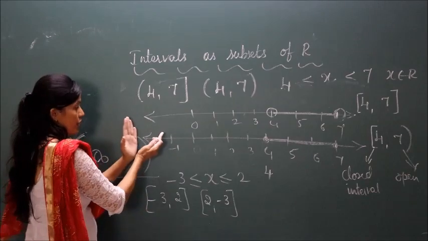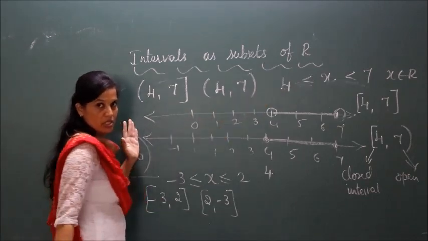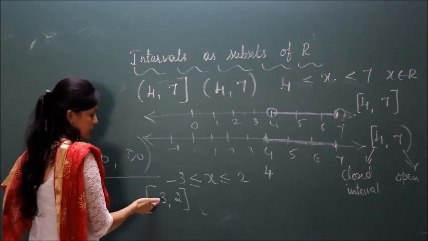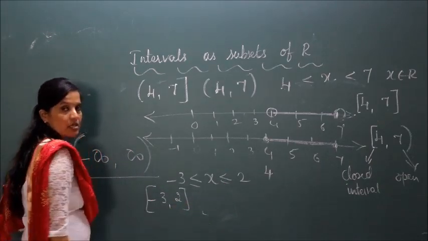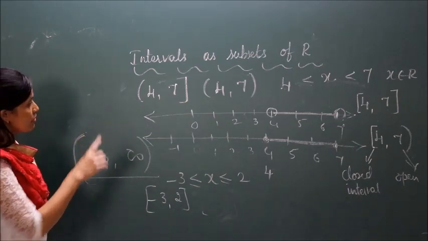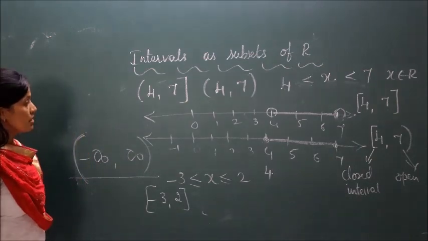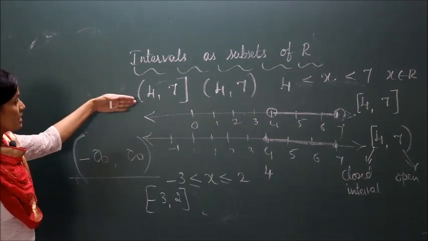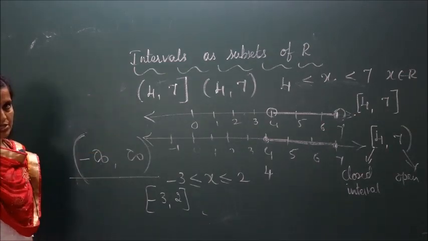So you are always going from left to right on the number line. Towards the left, always the smaller numbers have to come, and towards the right, the greater numbers have to come. So this is how we are going to represent the numbers on the number line, or we are representing it in the form of intervals.